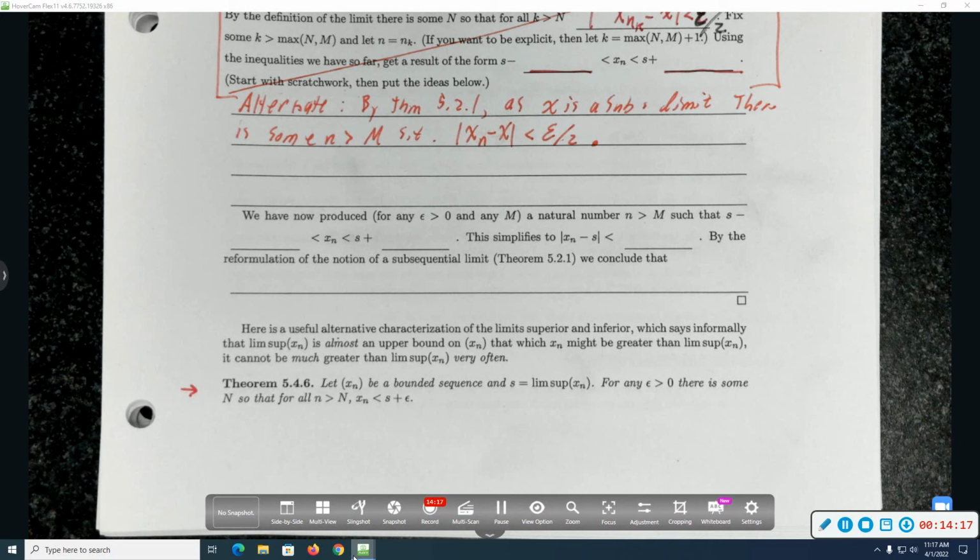And so we can use transitivity to say that s minus epsilon is, oh, sorry, my brain. Yeah, good, of course. So, yep. Less than the negative epsilon over 2 plus x. Mm-hmm. That part. So s minus epsilon over 2 minus epsilon over 2 is less than this. Yeah.